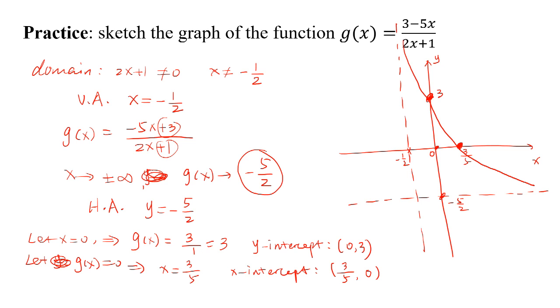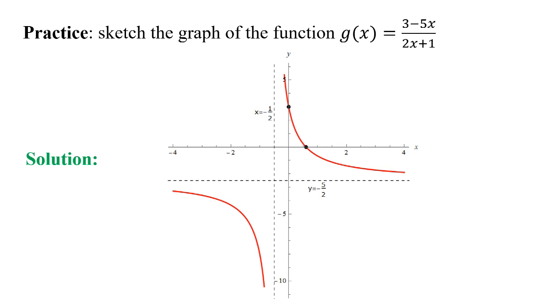The other branch must be here. Right? Okay, so this is a quicker way to draw the sketch of this function. Okay, and a sketch of the function should look like this. This is a nicer view of the sketch of the function. You can check it after the class. All right.